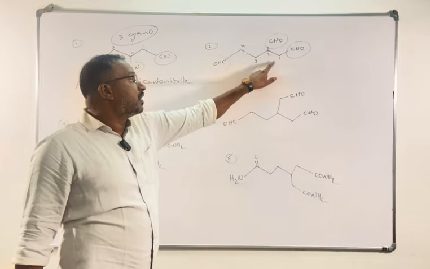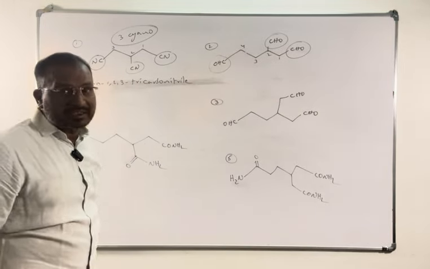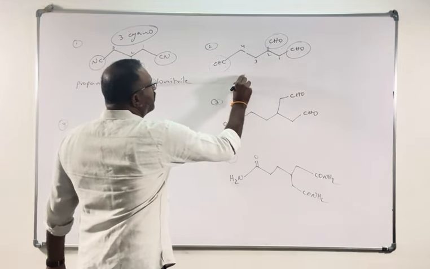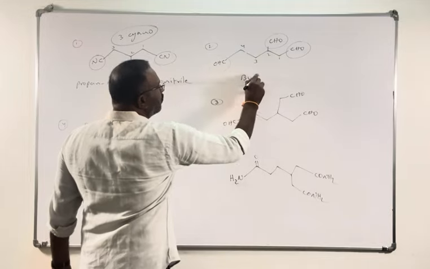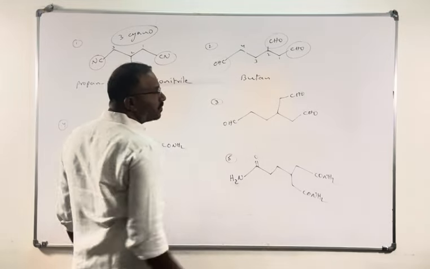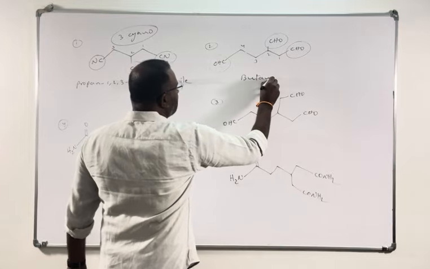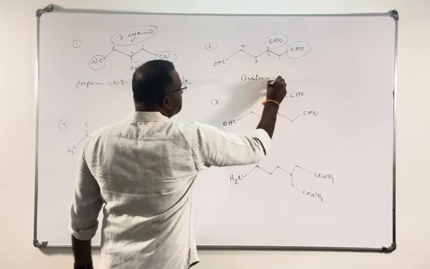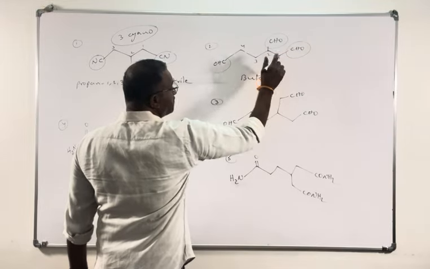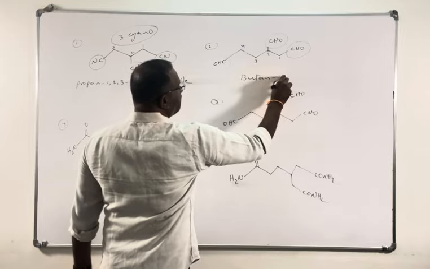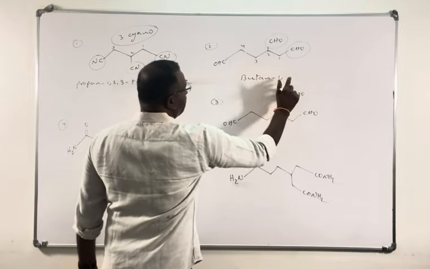The root word is but, only single bonds are there, so butane, and the CHO groups are linked to the first carbon, second carbon, and fourth carbon.